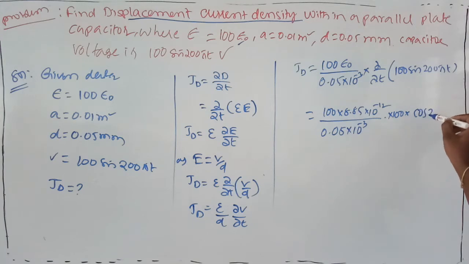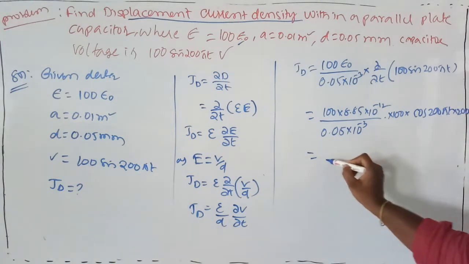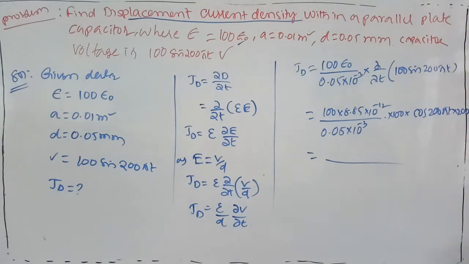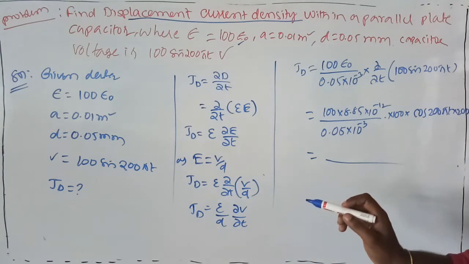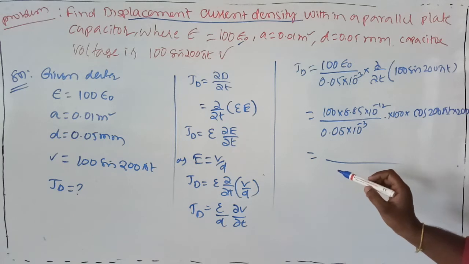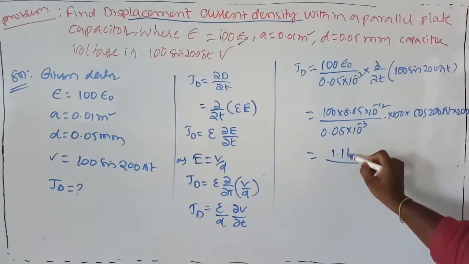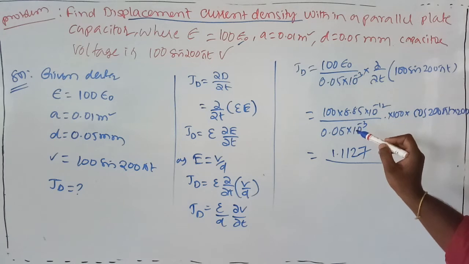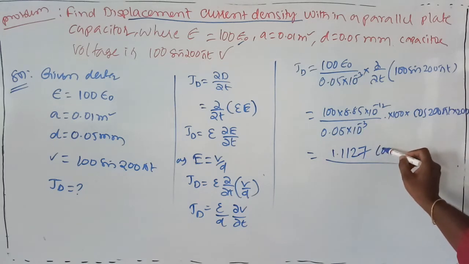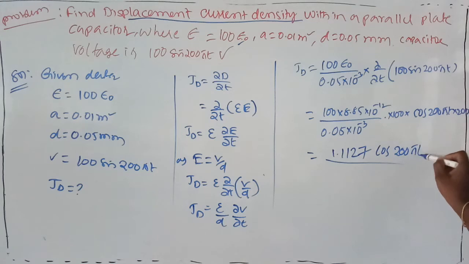Sin differentiation is cos 200 pi t into 200 pi. Calculate it. If you calculate this value, you will get the answer. The answer will be J_d is equal to 1.1127 cos 200 pi t, units are ampere per meter square.